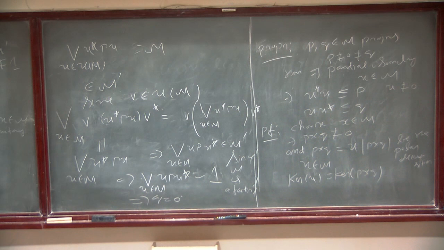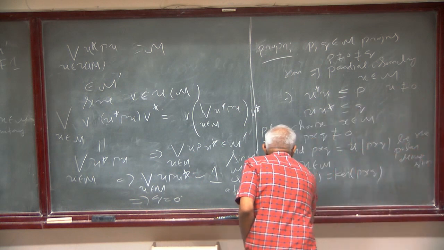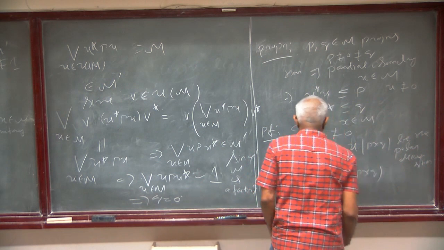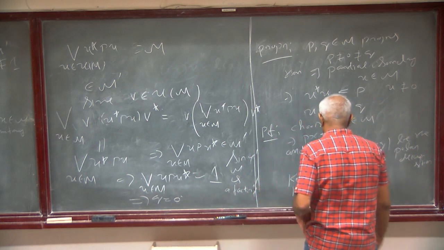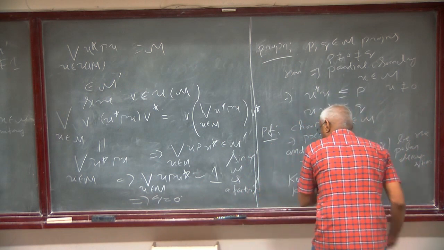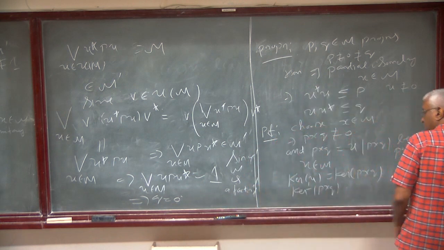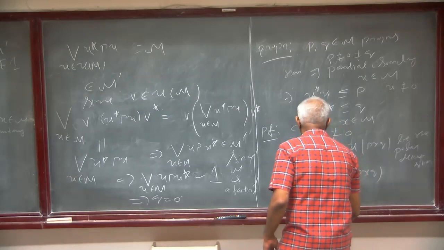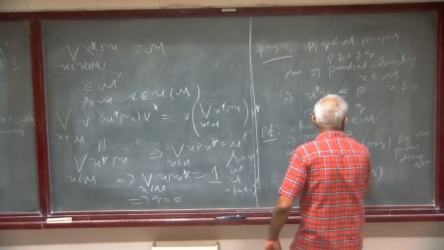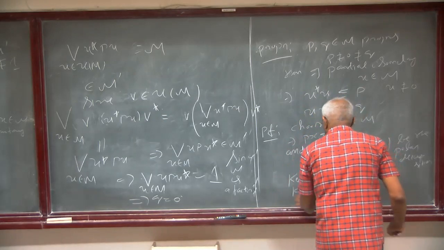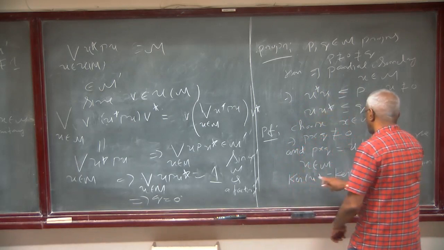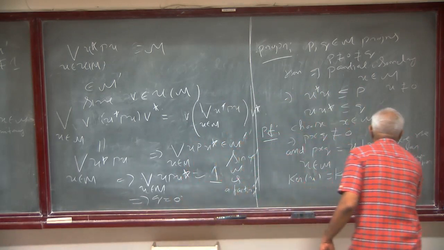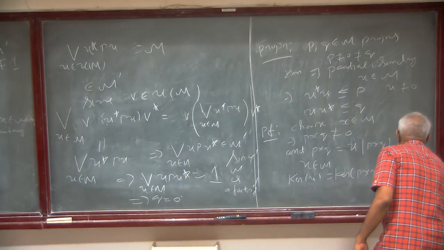So that means kernel perp of PXQ is... wait a minute. Kernel of U is contained in this, and so this contains the kernel of Q, of course.